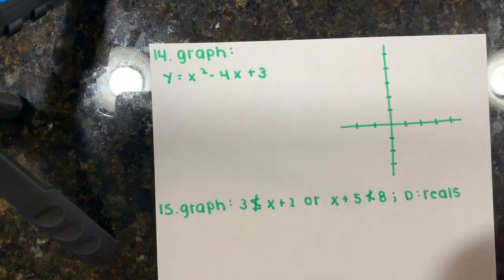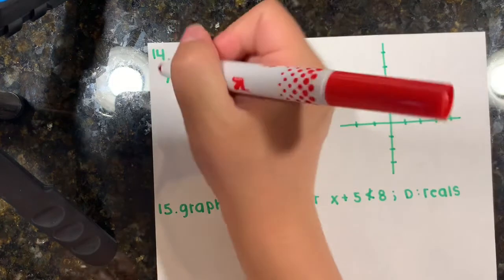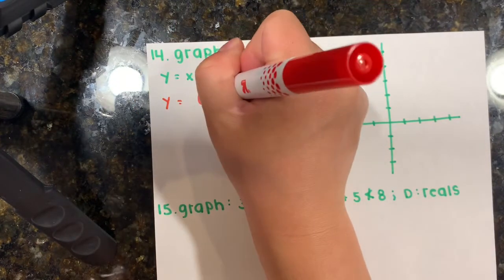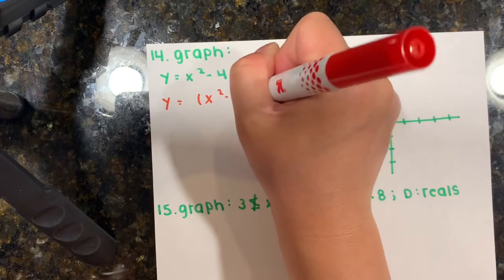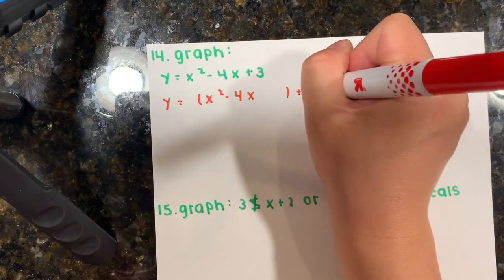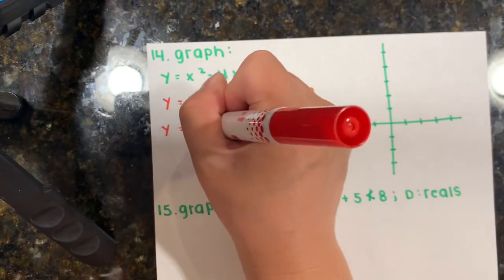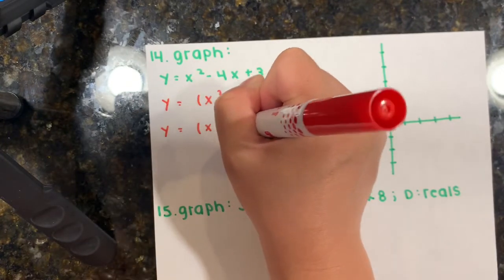Now looking at number 14, the first thing that I'm going to do is put all the x's in parentheses, and then leave the +3 on the outside. Now when I complete the square, that's going to be (x minus 2) squared.